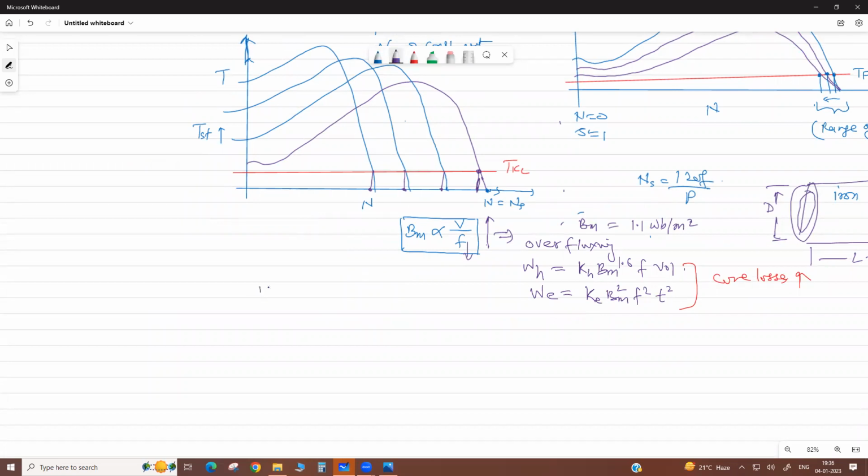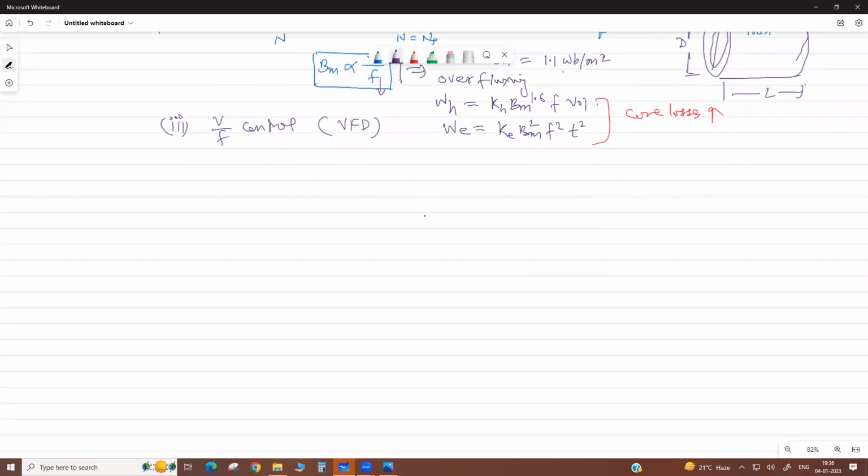That is called V by F control, or it is called VFD, variable frequency variable voltage drive. So here we vary both. Suppose the question of VFD comes, you have to explain this. How do we vary both?